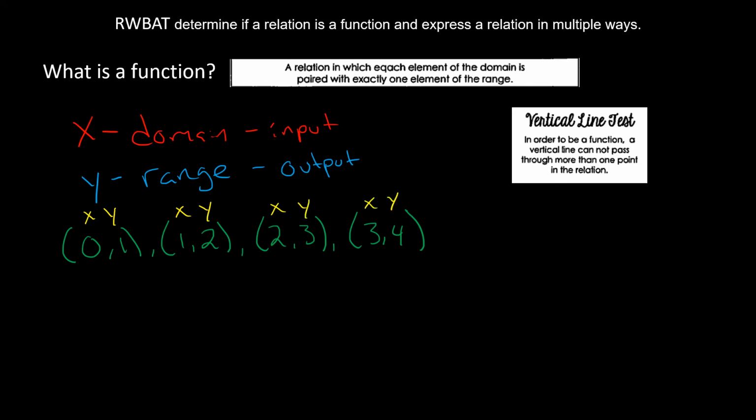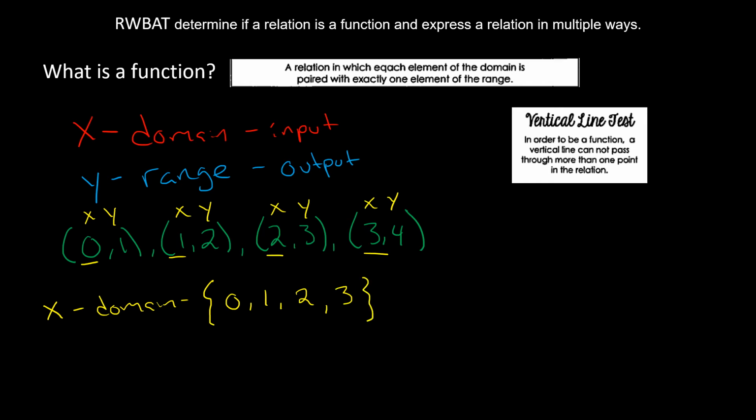And let's check this out. We want to identify our domain values. Our domain values in this case would be all of our x values. So the numbers in that set of the domain would be 0, 1, 2, and 3.